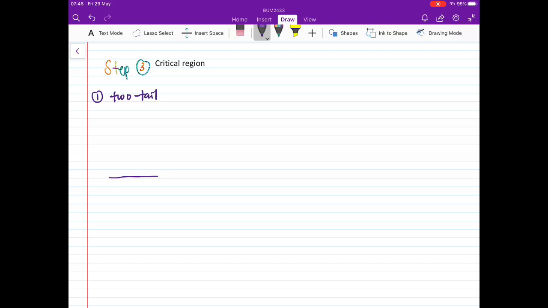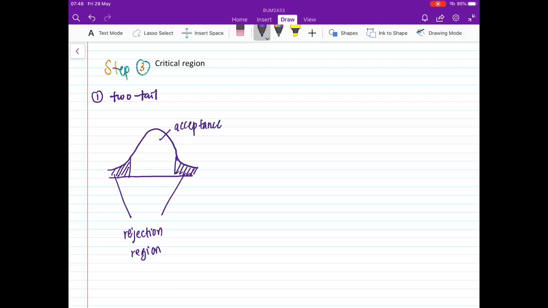Let's say you have a normal distribution here. Two-tail hypothesis means that you have two shaded regions, left and right. This shaded region, we call the rejection region. And the non-shaded region, we call the acceptance region.